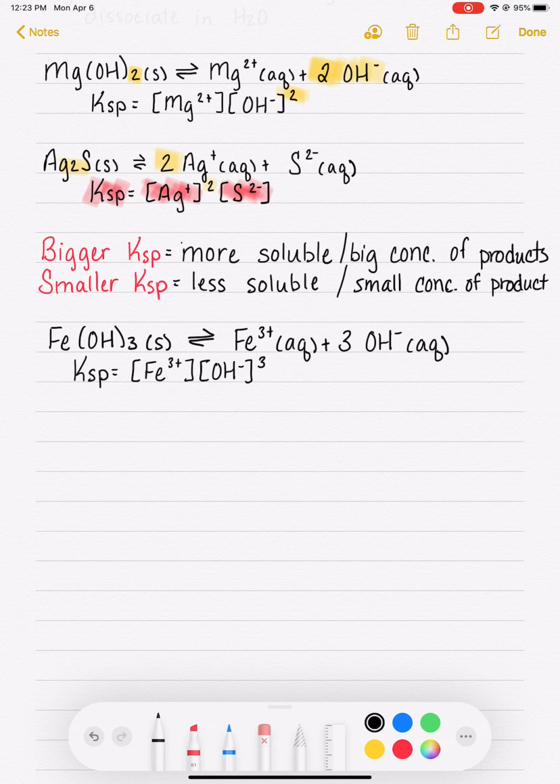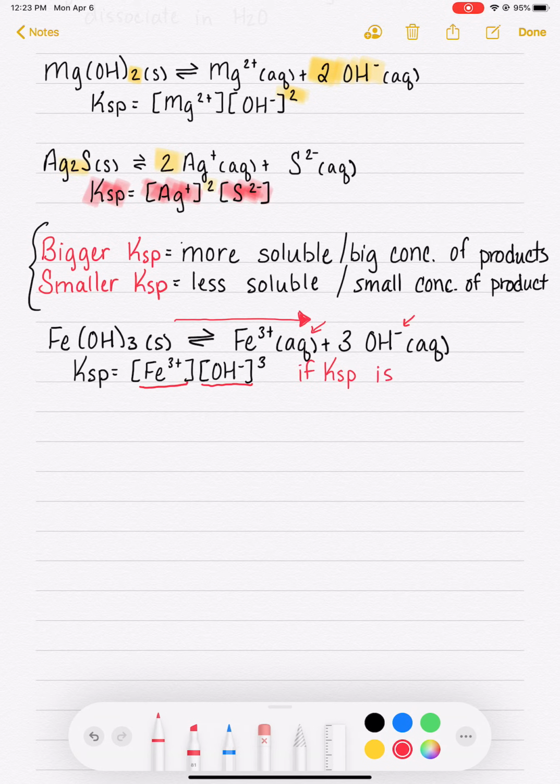So I'm going to say all this stuff right here, but using maybe different words that are going to make more sense. So if Fe(OH)3 is a very soluble substance, that means that its position of equilibrium lies to the right. If it's soluble, it's dissolving and dissociating and producing large amounts of the cation and the anion. So in the KSP, those concentrations are going to be large numbers, which is going to result in having a big KSP.